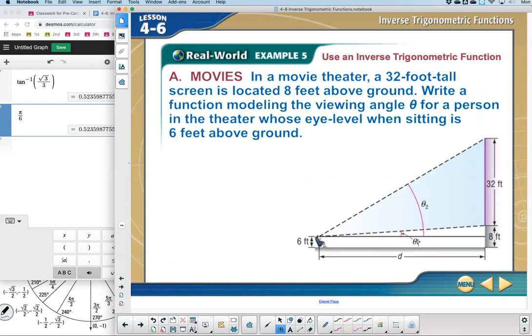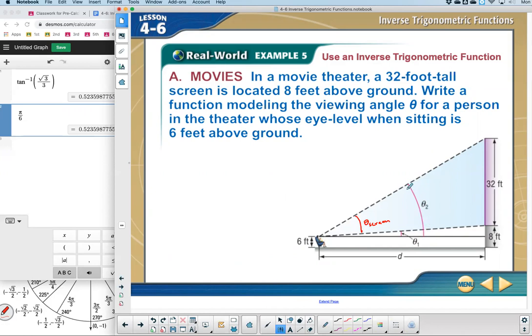Now this picture labels theta 1 and theta 2. What is a little confusing about it is that neither of those two angles is actually the viewing angle for the screen. The viewing angle of the screen is this angle that stretches from here to there. I'll call it theta screen. Now here's what I do know.